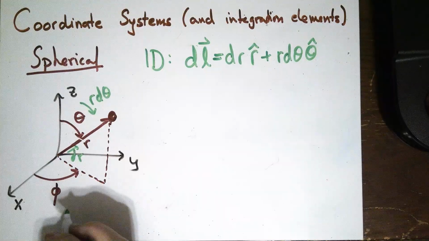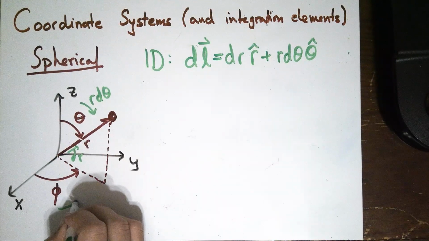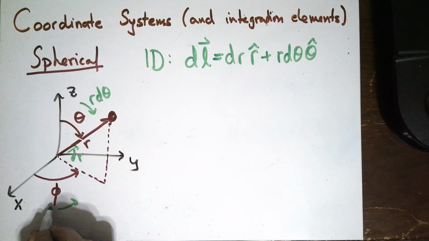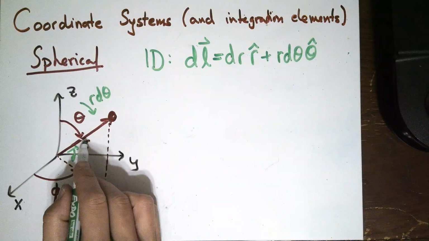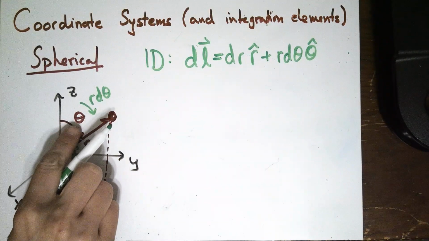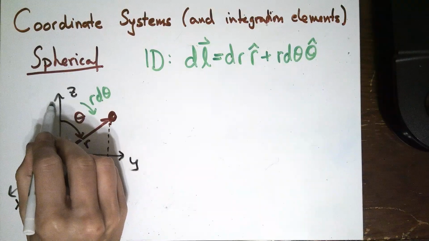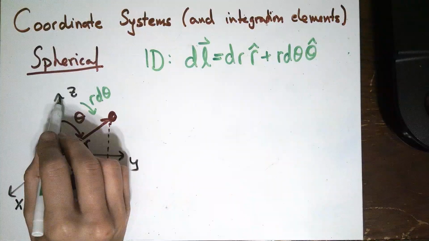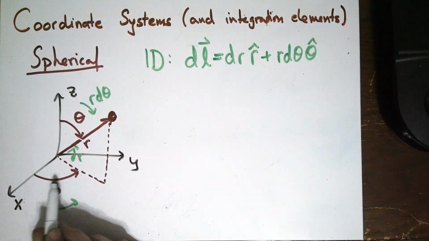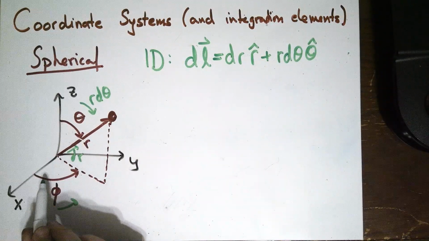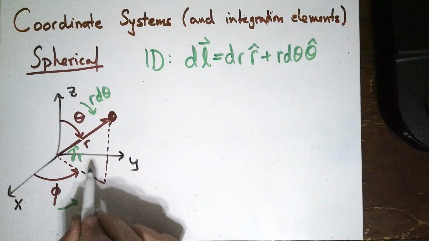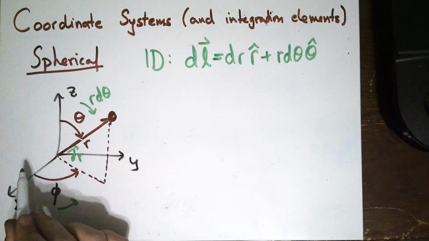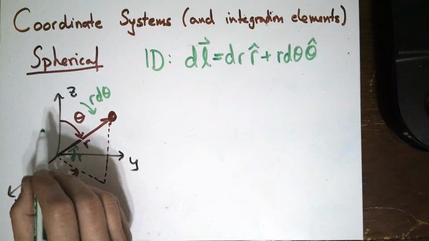And then we have another arc length when we take a step in phi. This one depends both on r, but also on theta. Because if we do, for example, a little circle over here, that's a much smaller circle than the same 2 pi radians walk would be if we were down here in the equator zone, if you're thinking of it as an actual sphere.